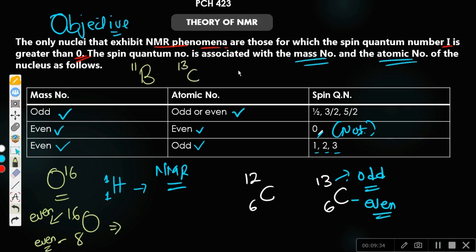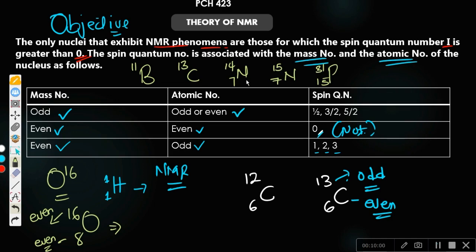I've actually stated nitrogen 14, and then you also have nitrogen 15, and even phosphorus 31. Phosphorus is 15, right? Odd, odd. This one is odd, odd. This one is even, odd. Are you getting it?